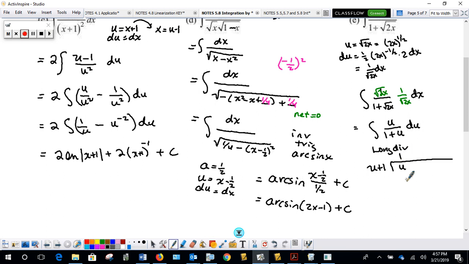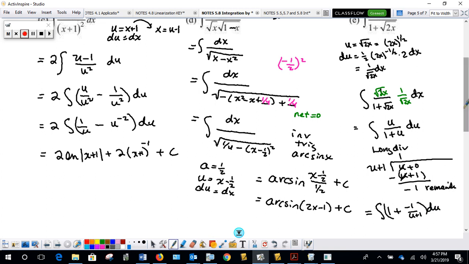I multiply, u plus 1. I subtract, u minus u cancels. And then this is 0 minus 1, or negative 1. Here is my remainder. So I rewrite this as a fraction. So it becomes 1 plus my fractional part, 1 over u plus 1 du.